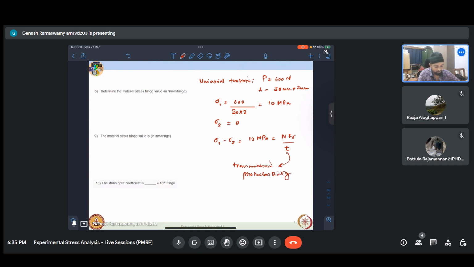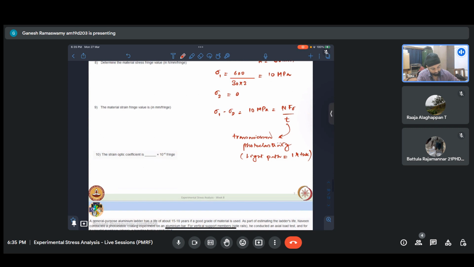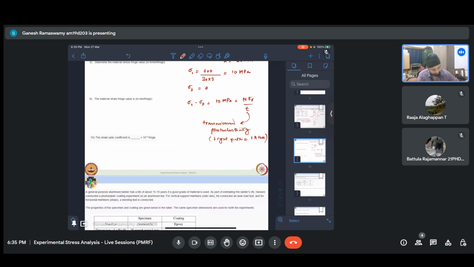So the light path is only equal to the thickness, factored by 1. So let me just go to a new page.